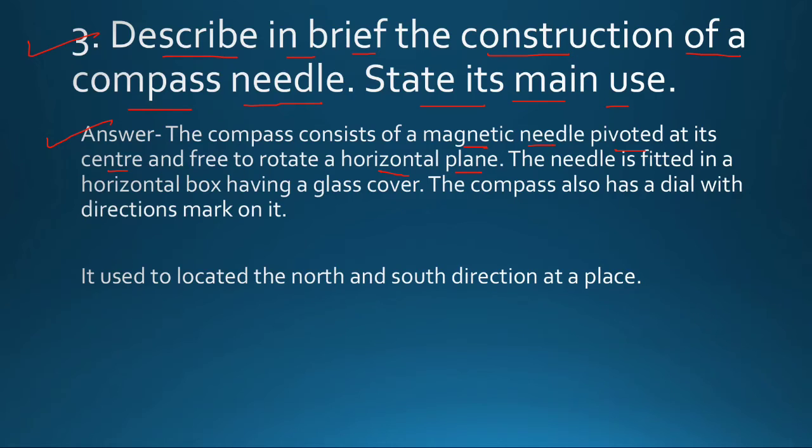The needle is fitted in a horizontal box having a glass cover. The compass also has a dial with directions marked on it. Its main use: it is used to locate the north and the south direction at a place.